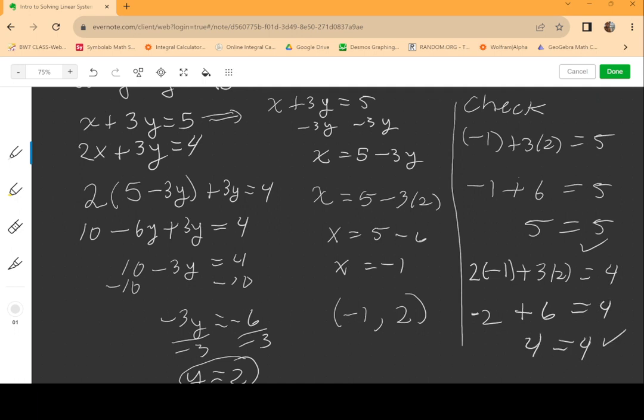So that checks out as well. All right, so we do in fact have a solution. Okay, so what happens when none of the coefficients is equal to 1? Let's try another example where that is the case.